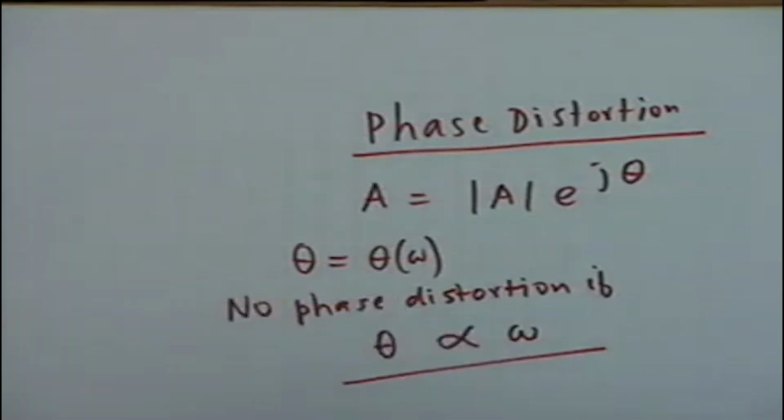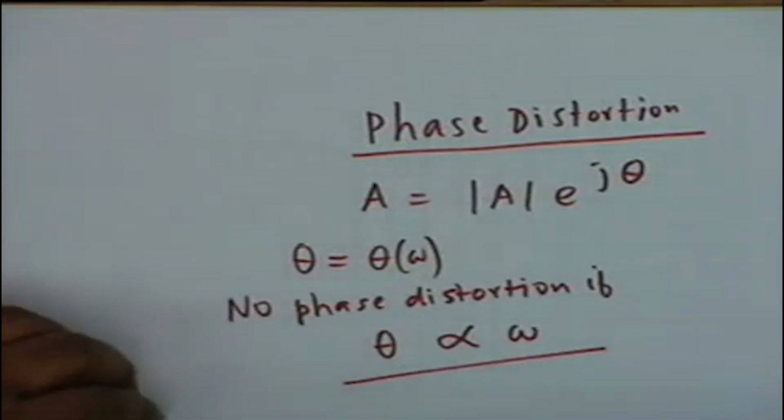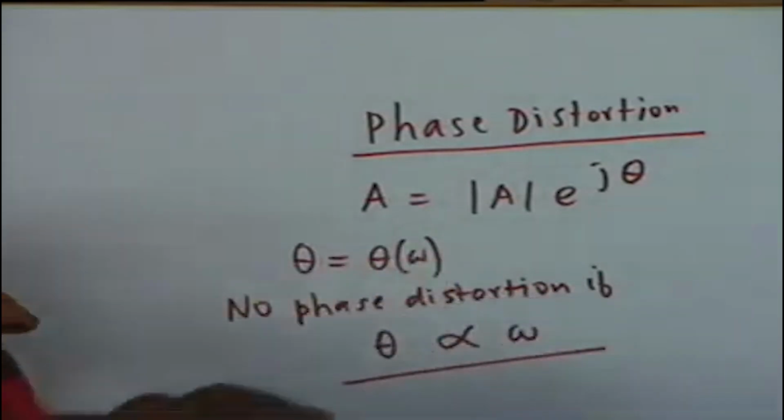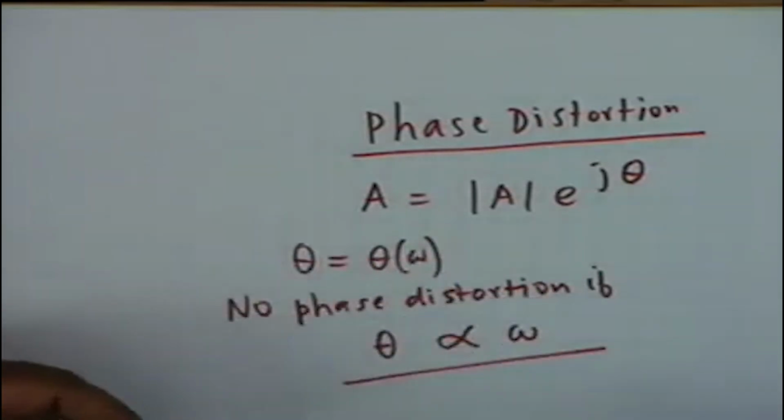Now, let me mention to you a particular situation where phase distortion is important. Phase distortion, fortunately or unfortunately, cannot be detected by the ear. That is, our hearing capability is insensitive to phase distortion. Even if the phase is non-linear, it doesn't matter. But our vision is very sensitive to phase distortion.